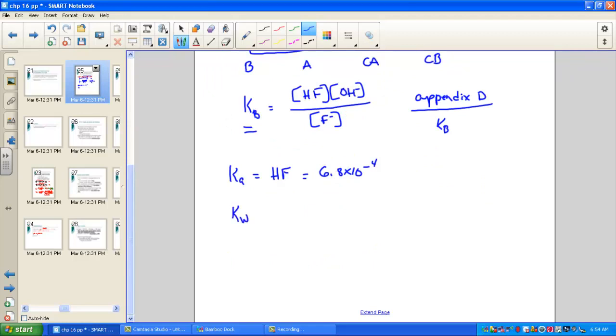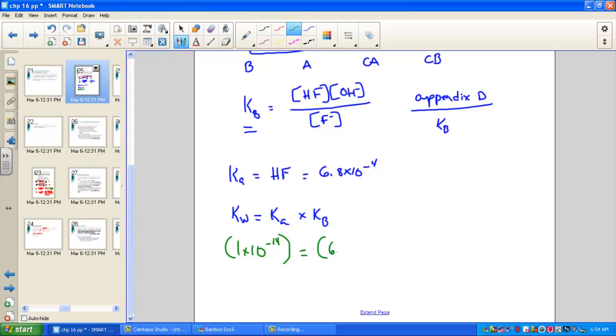So remember our relationship, Kw is equal to Ka times Kb. And here's what we know. Kw is a constant. It means it never changes. Its value is 1 times 10 to the negative 14th. No units, it's a K constant.